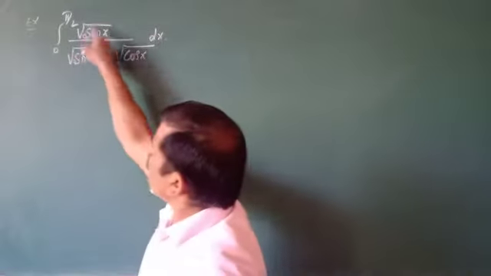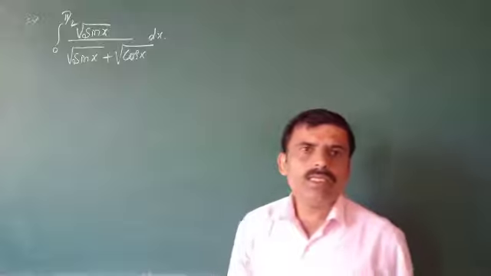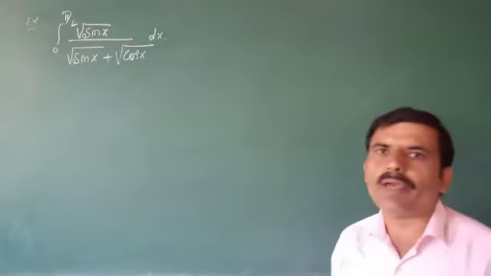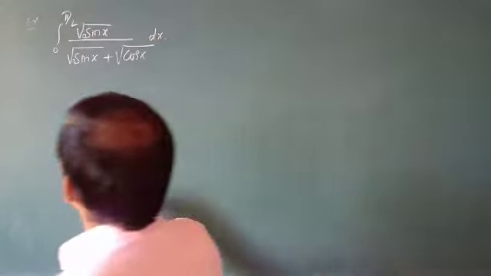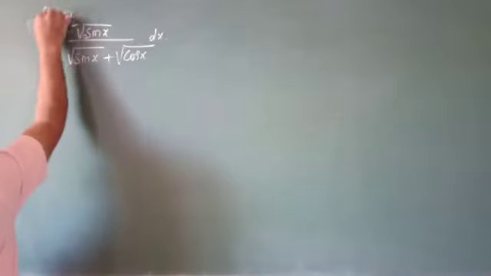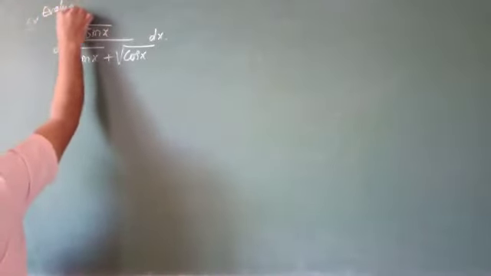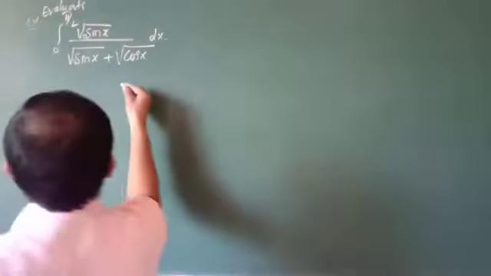Evaluate the integral of 0 to pi by 2 of square root of sin x divided by square root of sin x plus square root of cos x with respect to x, as given.